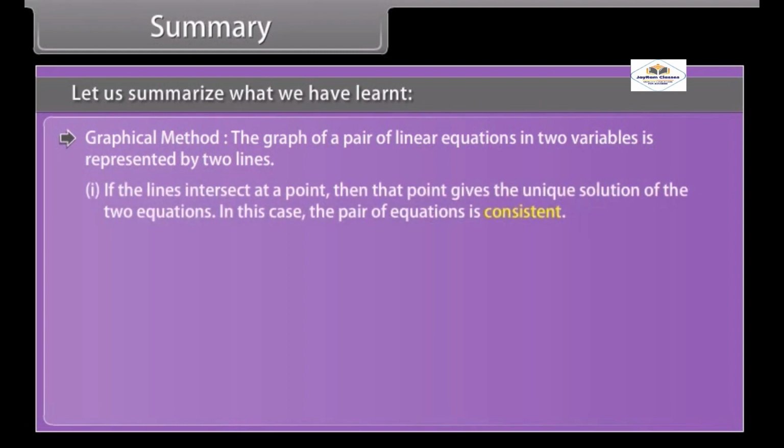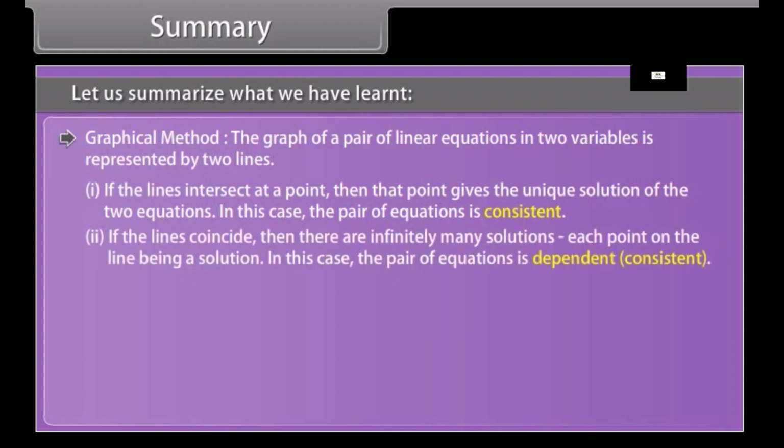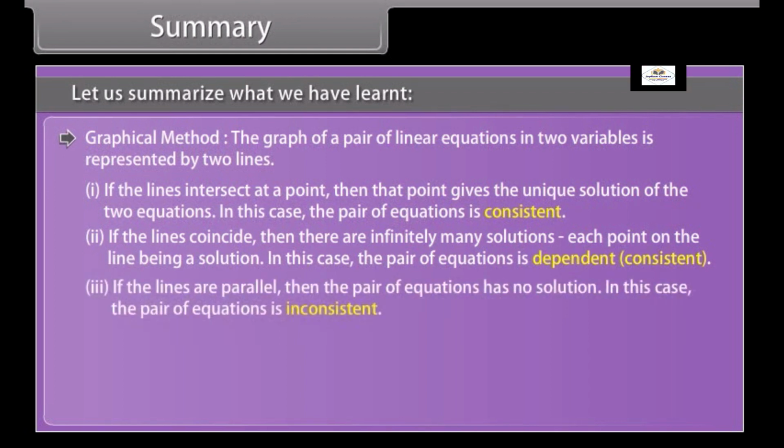If the lines intersect at a point, then that point gives the unique solution of the two equations. In this case, the pair of equations is consistent. 2. If the lines coincide, then there are infinitely many solutions, each point on the line being a solution. In this case, the pair of equations is dependent, consistent. 3. If the lines are parallel, then the pair of equations has no solution. In this case, the pair of equations is inconsistent.